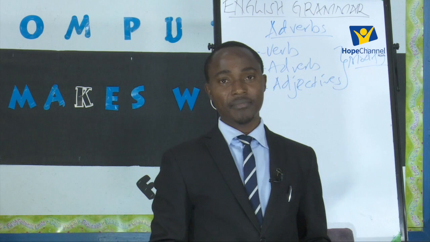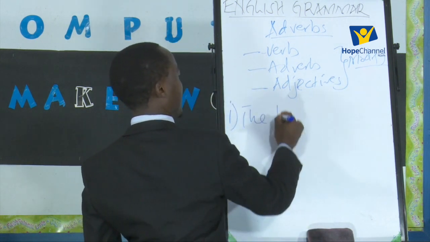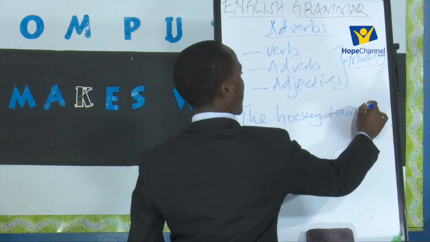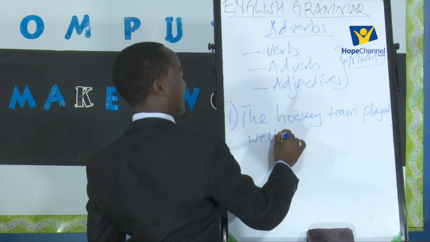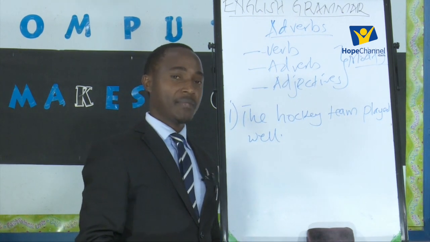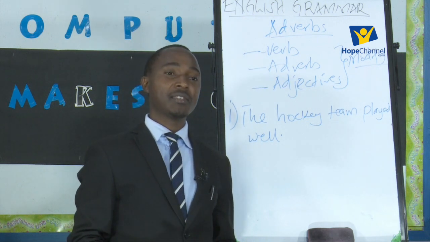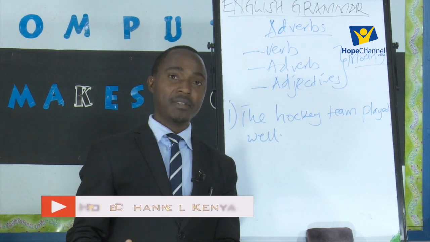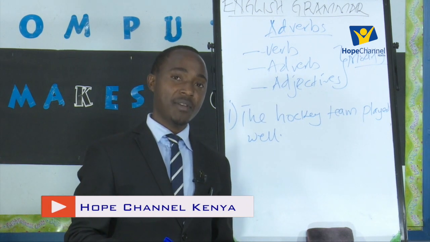For example, the hockey team played well. In our lesson on parts of sentences, we said there is a subject, a verb, and an object, which can be either direct or indirect, and lastly a complement.